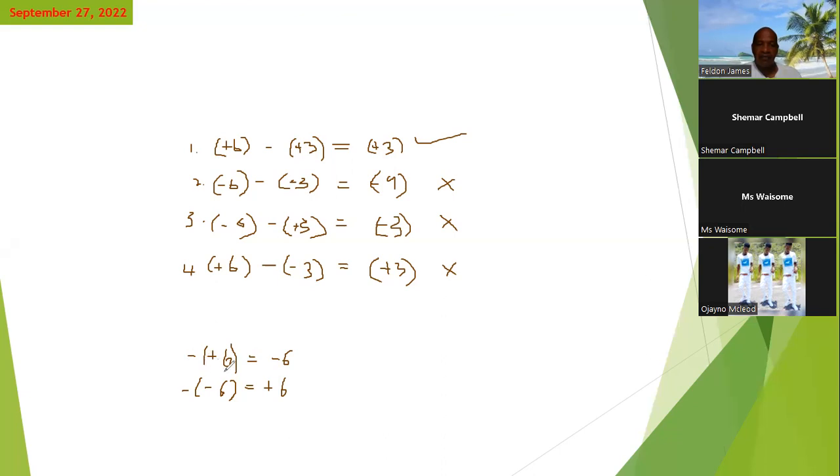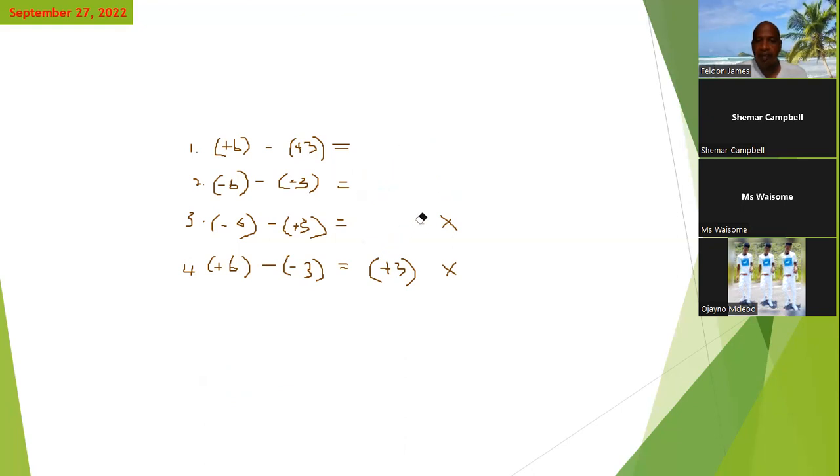A negative sign in front of the bracket means the sign in the bracket changes to the opposite. Negative in front, negative changes to positive. Now, all of that said, let us go back to these scenarios. I'm going to erase these, and then we're going to try to work them again.